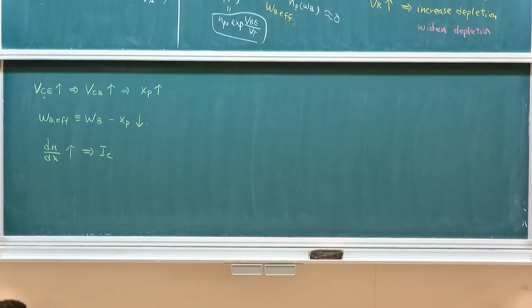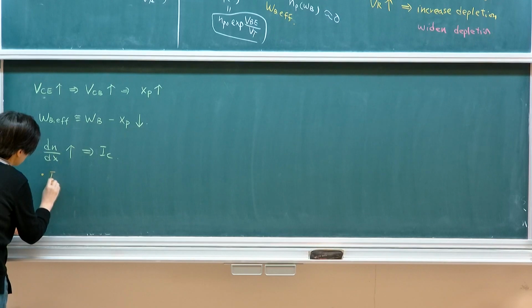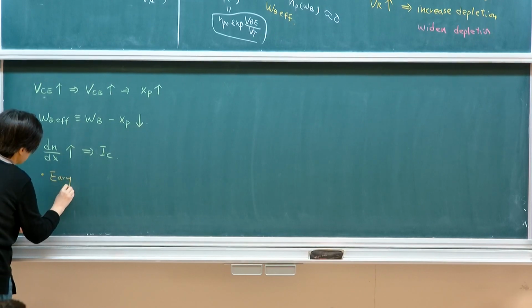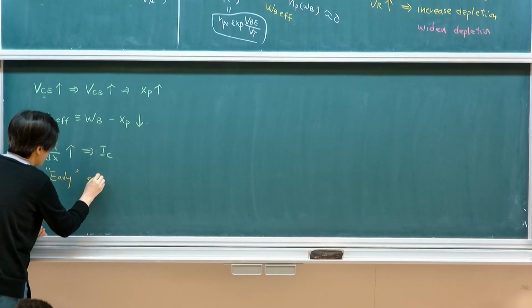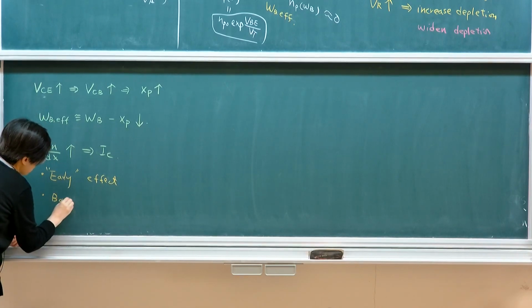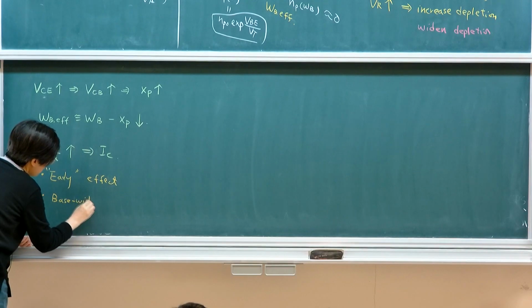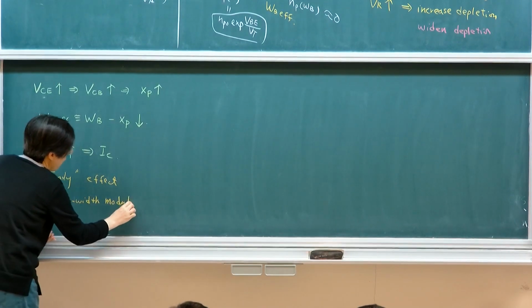There are two names for this. Either it's the early effect because the person Early observed this, so typically referred to as the early effect, or another name is the base width modulation. This will give you the cause of why.